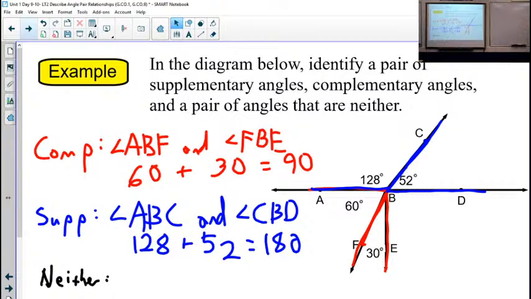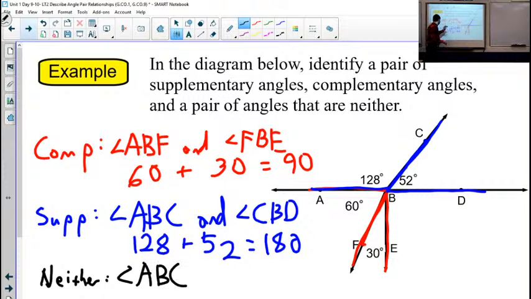So if we're looking for angles that are complementary, our target that we're trying to hit, when we add them together, is 90. If we're looking for supplementary, our target is 180.